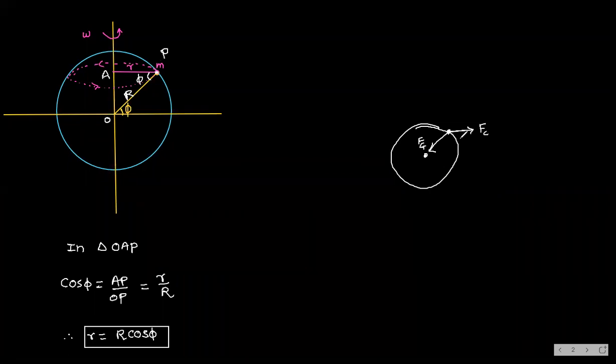When you are turning on a curved road, you feel that you are going away. That is centrifugal force, if a circular track is there. You know centripetal force also, which is always directed towards the center.